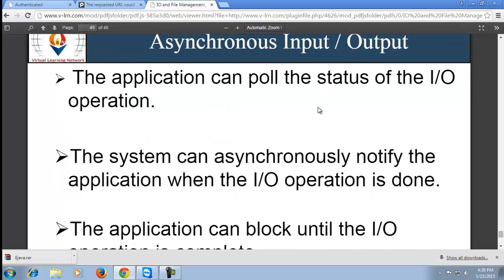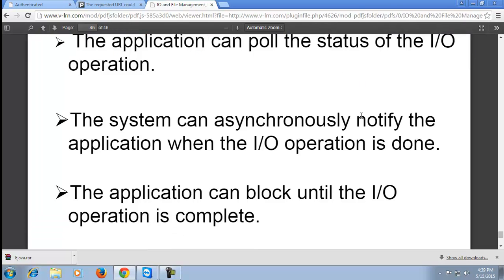The application can poll the status of the input-output operation. Another is the system can asynchronously notify the application when the input-output operation is done. Another one is the application can block until the input-output operation is complete. These are the ways which we can follow for the processing of files.